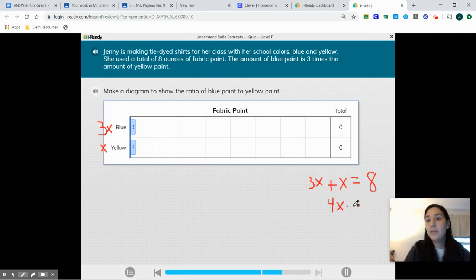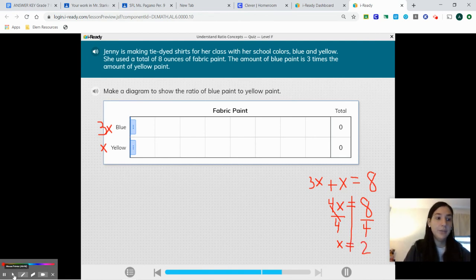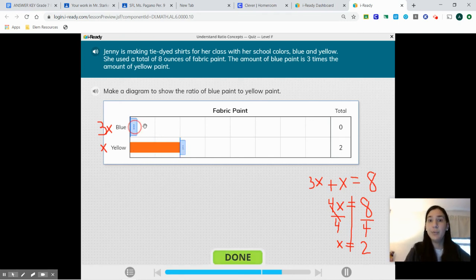And when we solve for x, we're going to divide both sides by 4, which will give us x equals 2. So now what we can do is put yellow at 2, and blue, 3 times 2 will be 6.